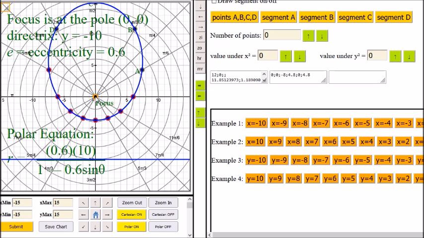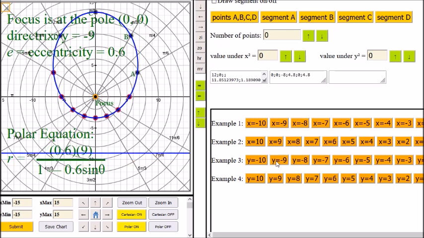Here we have the pole above the directrix of y equal to negative 10. The distance from the pole to the directrix is 10. And so the equation will be 0.6, which is E, times 10 divided by 1 minus 0.6 times sine of theta.